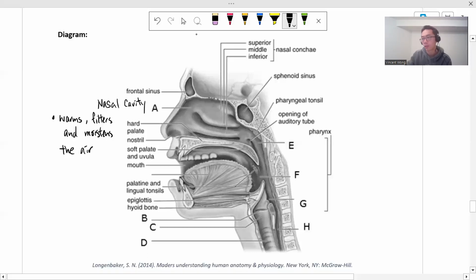Like in the winter, it's really dry. You want to add some humidity to it. If we constantly breathe very dry air, it irritates our throat. We cough a lot, and it just hurts the lining. So by adding a little bit of mucus, moisture to it, it just helps us feel a little bit better. So that's the function of the nasal cavity.